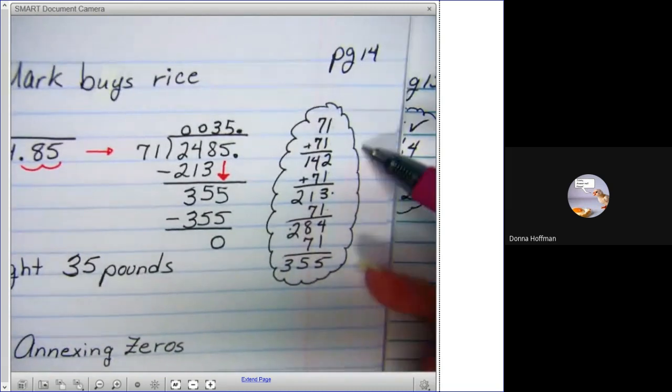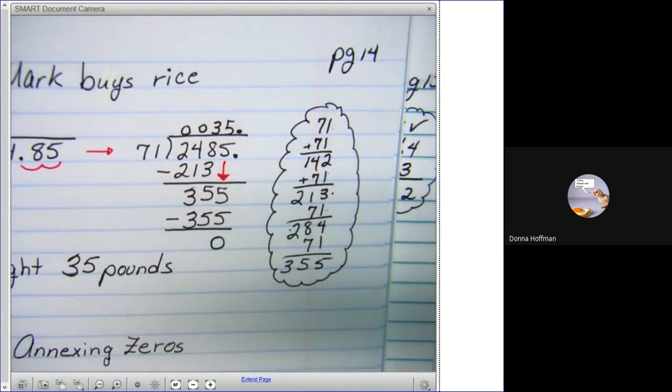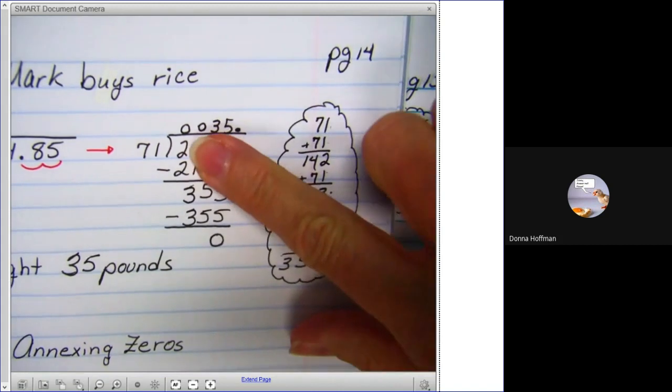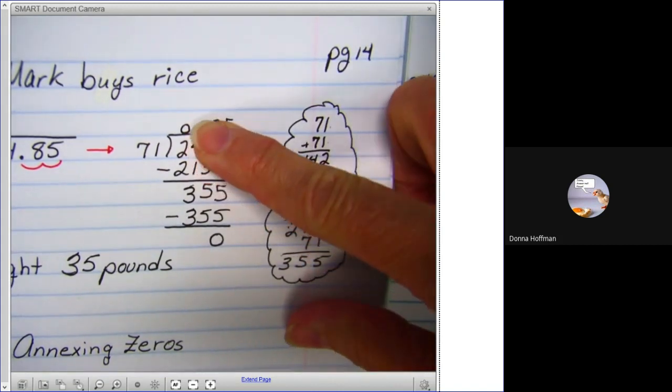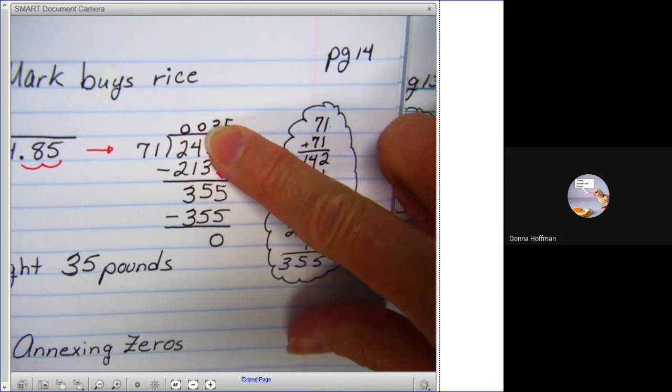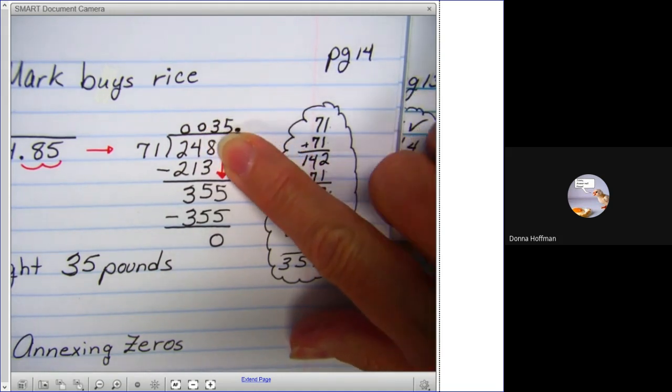I used the addition method over here to add groups until I got close to the numbers that I wanted. I asked myself, how many sets of 71 can I take from the 2? Of course, it was 0. I moved over 1 more digit. How many sets of 71 can I take from 24? Again, 0. Moved 1 more digit. How many sets of 71 can I take from 248?